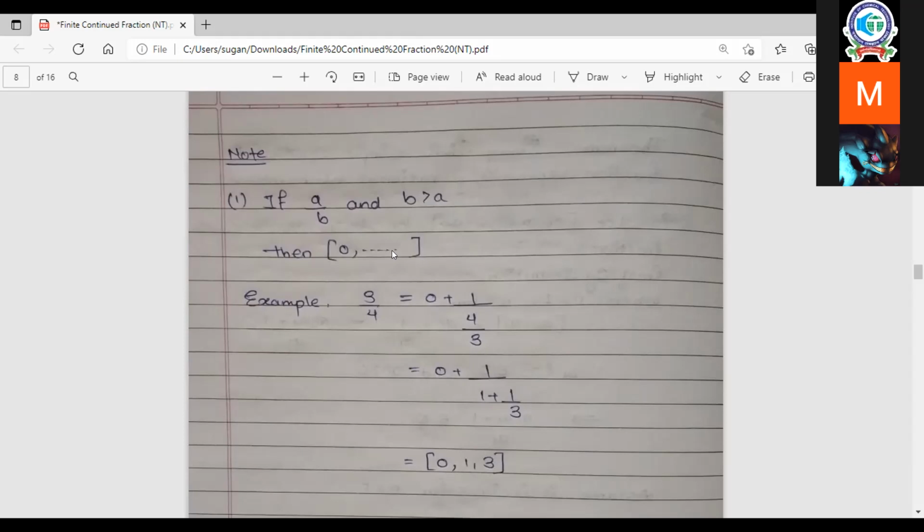For example, what is the value of 2 by 5? It is 0.4, so that is terminating. If the decimal expansion either terminates or repeats, then we say that it is a rational number.